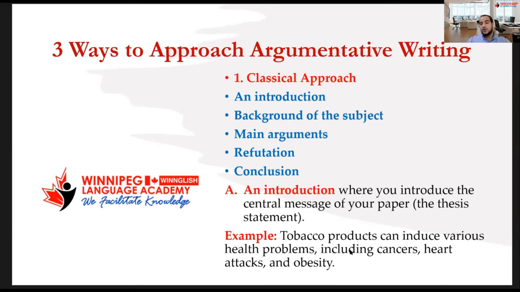Tobacco products can induce various health problems, including cancer, heart attacks, and obesity. This can be our thesis statement. You can start by hooking people to the topic, by mentioning a story of your friend who is a heavy smoker, maybe, and then you give some background information about it.